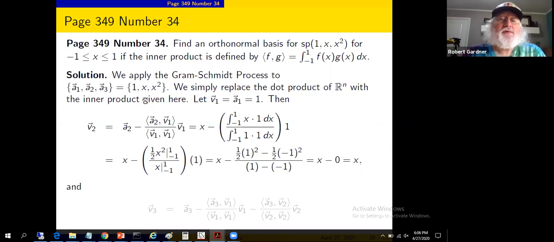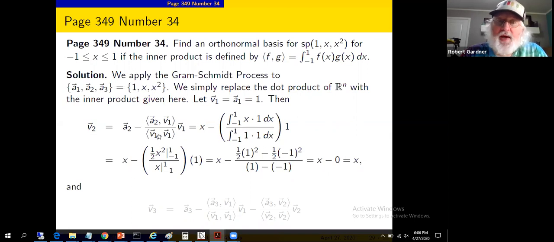They gave us 3 vectors. Let's call them A1, A2, A3, because that's what we did in the Gram-Schmidt process. We'll let V1 equal A1 equals 1. Then we'll take V2 to be A2 minus the projection onto V1 of A2, which is computed in terms of this inner product.